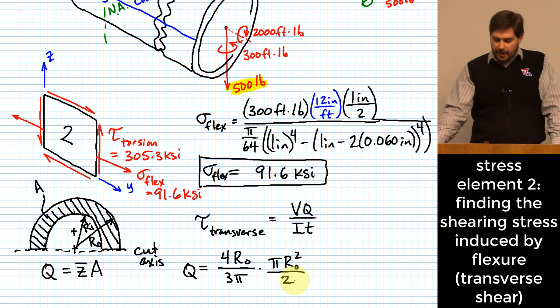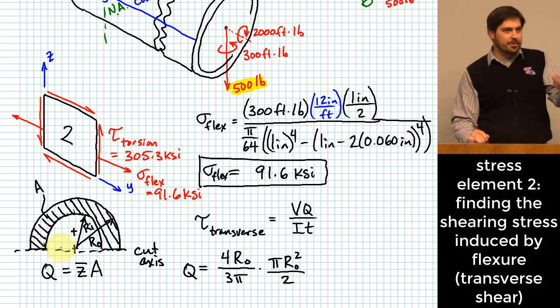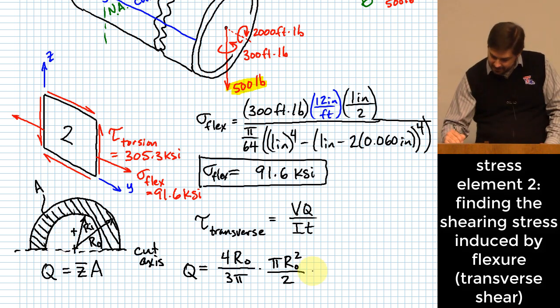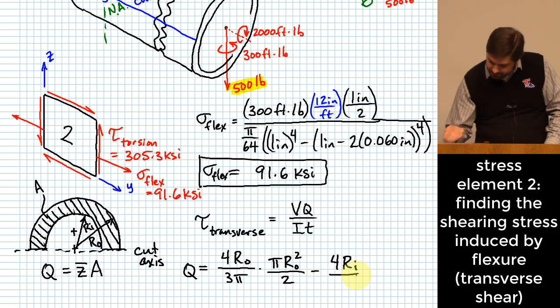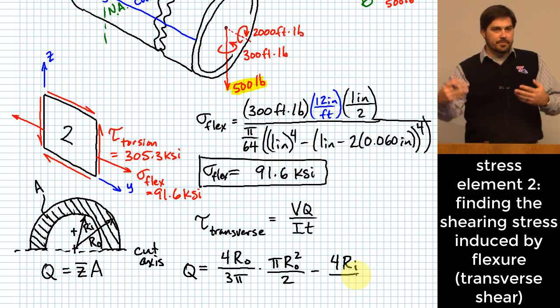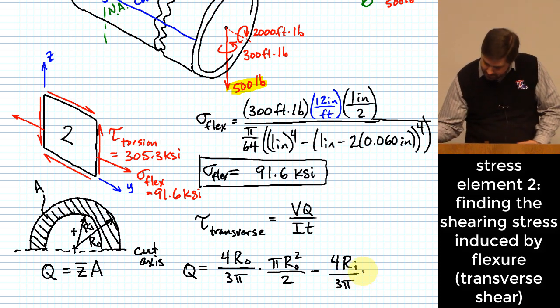Okay, and so far what I've come up with here is a Q for a solid rod, right, where the outer radius of the solid rod is r sub o. What do I need to do to get this hollow shape? Okay, subtract something very similar, but with subscripts of r sub I rather than o to indicate the inner radius. Okay, and this would be multiplied by pi r sub I squared over 2.